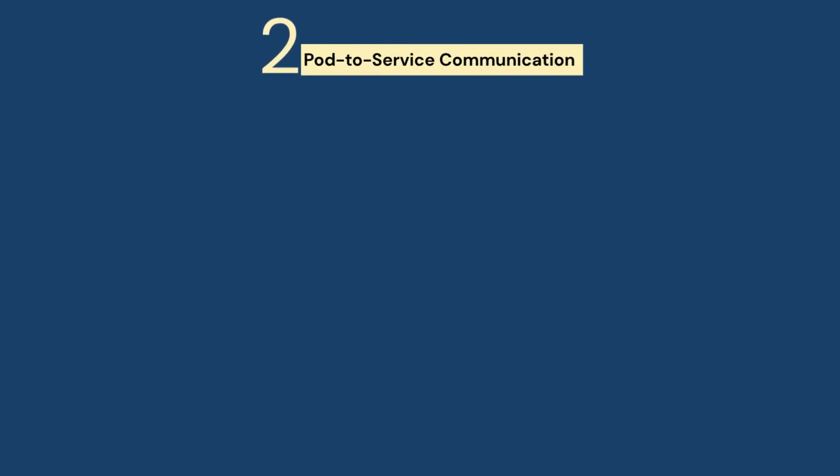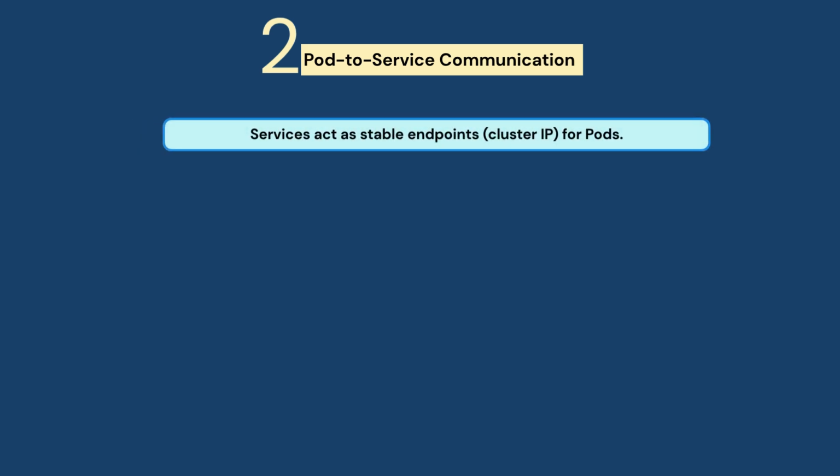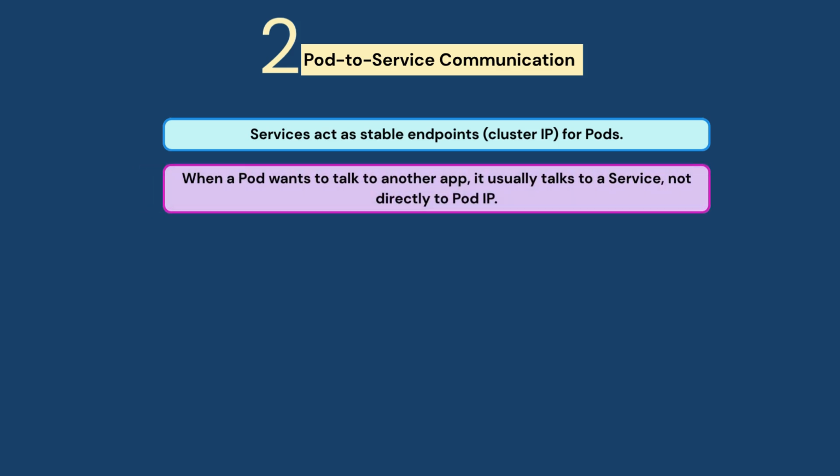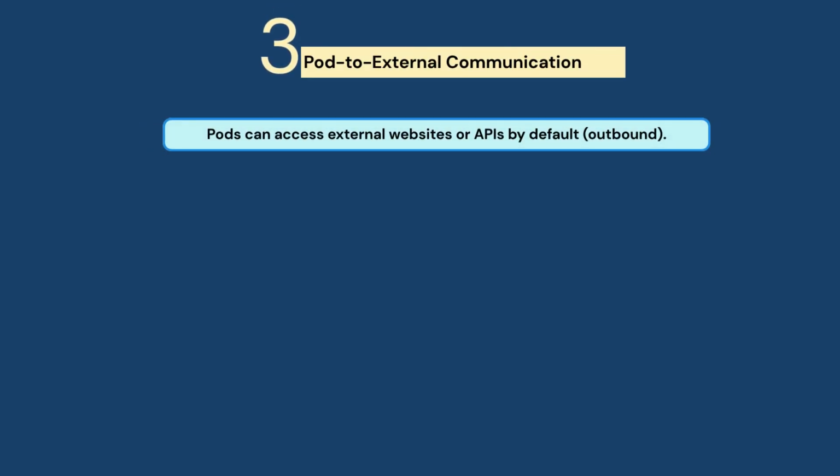Number two, pod to service communication. Services act as a stable endpoint for pods. When a pod wants to talk to another application, it usually talks to a service, not directly to a pod IP. Number three, pod to external communication. Pods can access external websites or APIs by default.